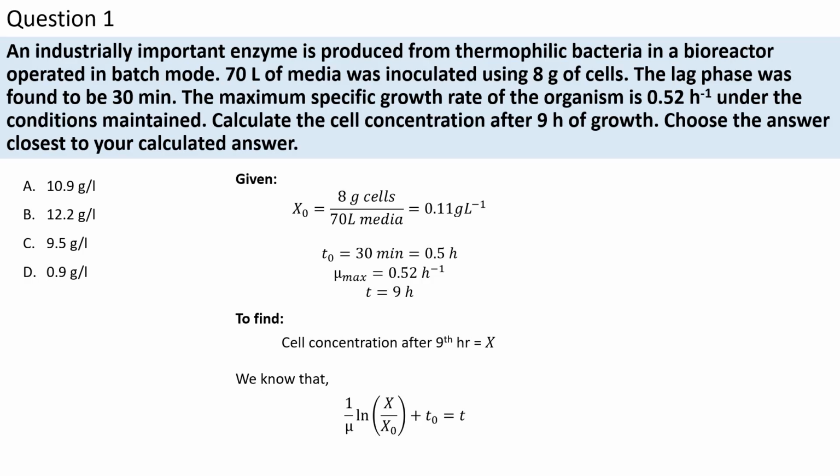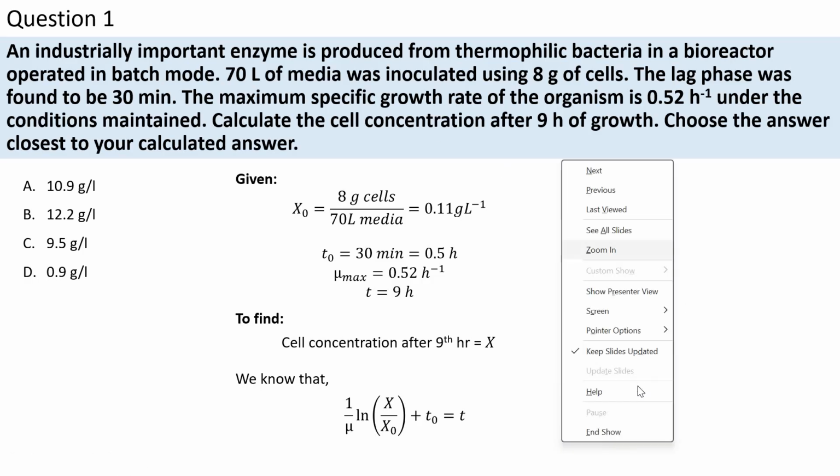Here mu is the specific growth rate, x is the cell concentration at whatever time we are going to find, x naught is the initial cell concentration, which we found to be 0.11 gram per liter, and t naught is the lag time, which is 30 minutes, equivalent to 0.5 hour. And t is 9 hours, at which we are going to find x.